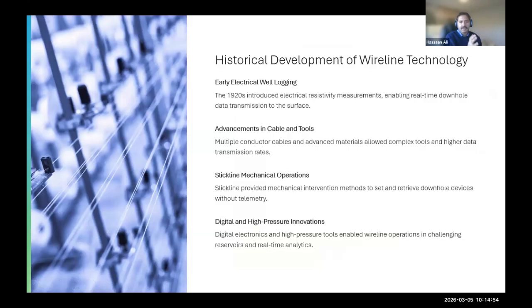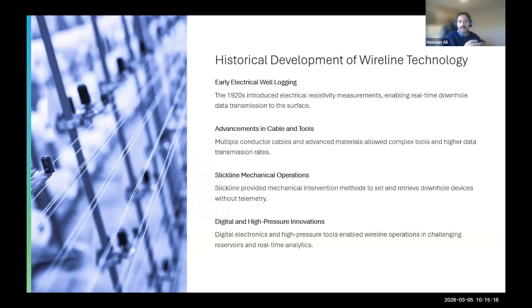So a little bit on the history of the wireline, right? When this technology started coming in, it was only in early 1920s when two French brothers by the name of Marcel and Conrad Schlumberger developed what we call the electrical resistivity tool. And that's where the electrical wireline logging technology started moving up.